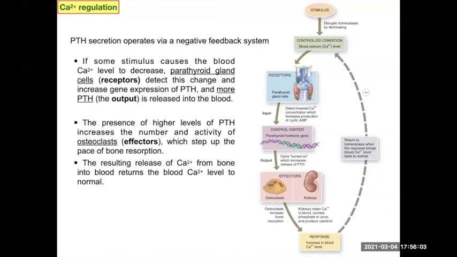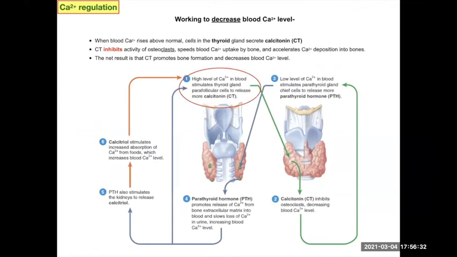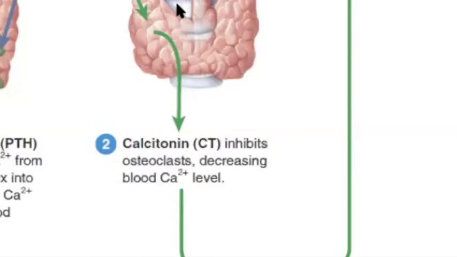One of the other things that happens is that when your calcium levels increase to a certain degree, if it's too high, that stimulates some other cells in the thyroid gland to release another hormone, calcitonin, which you shouldn't confuse with calcitriol. What calcitonin, the CT, does is go into the bone and inhibit osteoclasts, so it stops that breakdown of bone.